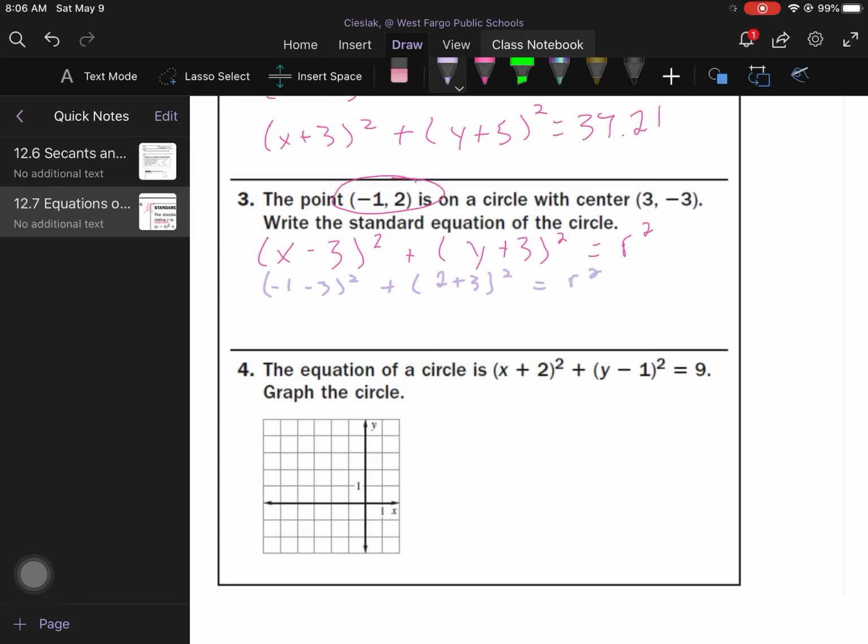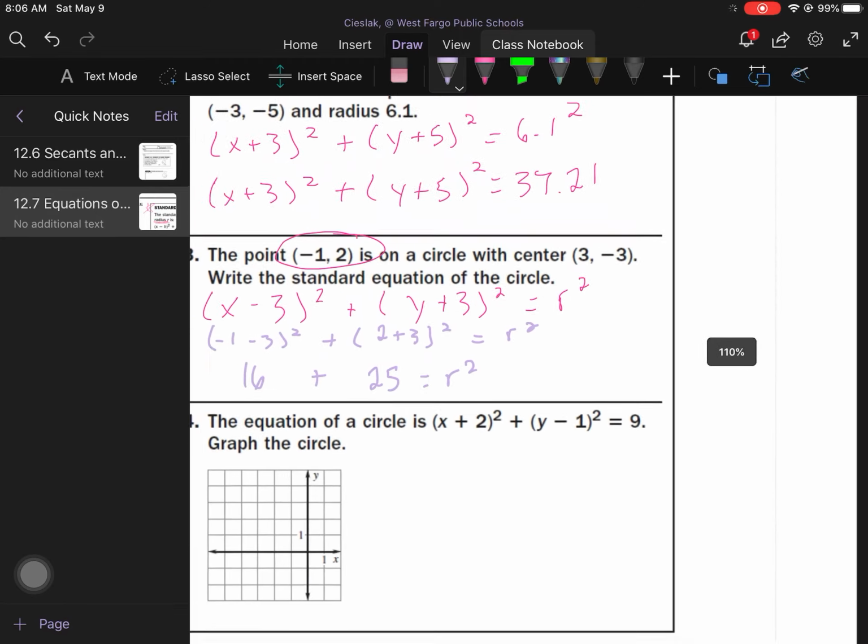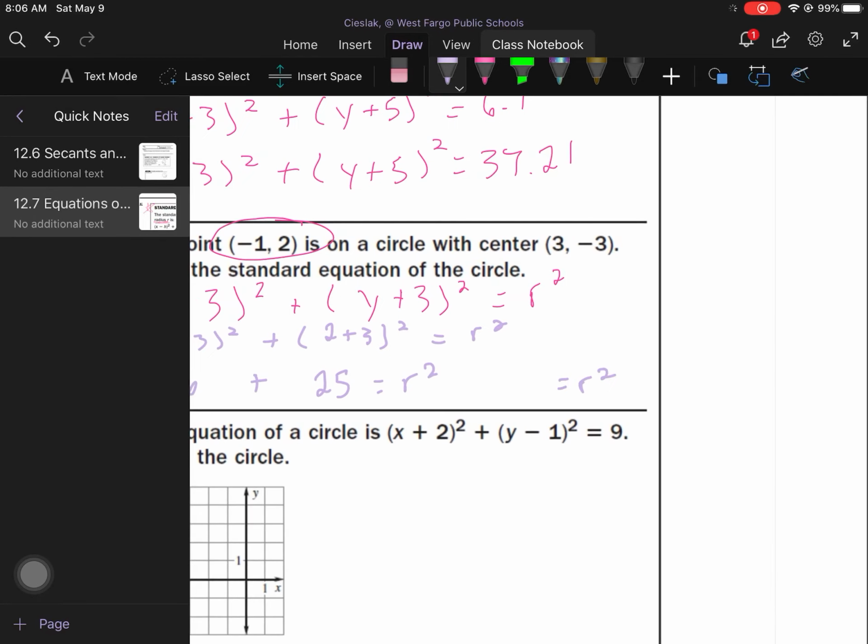Over here I've got -1 minus 3 is -4 squared is 16. 2 plus 3 is 5. 5 squared is 25. All of that is equal to r squared. 16 plus 25 is going to give me 41. So I'm going to have 41 coming over here is equal to r squared. Really, we're just doing the Pythagorean theorem there, essentially, without seeing it visually. So I've got 41 is equal to r squared.